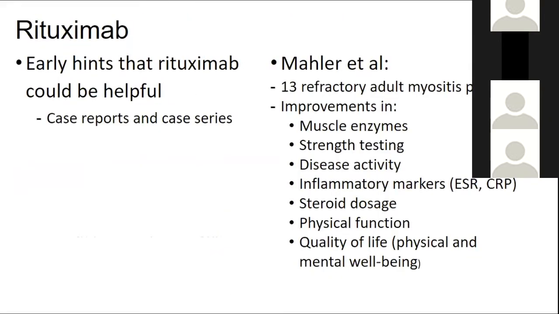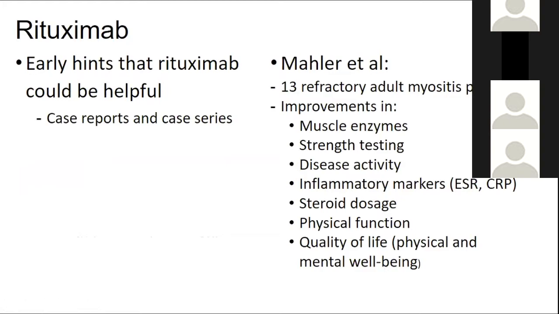There were early hints that Rituximab could be helpful in myositis through case reports of patients who got the medication and improved. And one case series featured 13 adult myositis patients who received this medication and had improvements in all of these different areas of their disease.